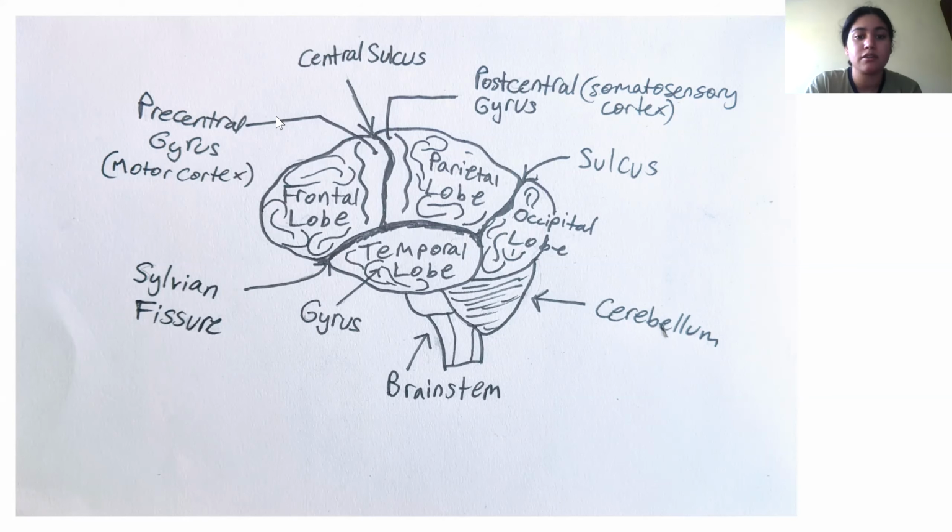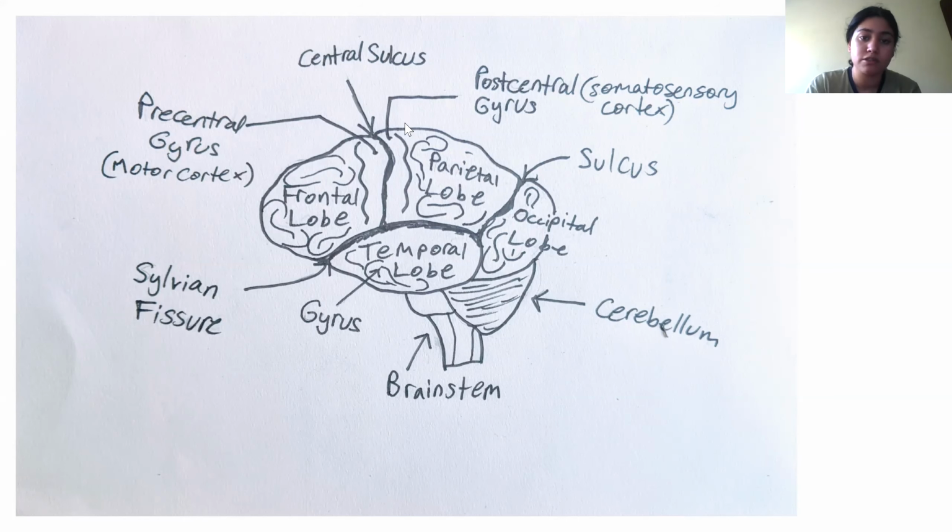Now between the frontal and the parietal lobes, you'll have the central sulcus, and on either side of these you'll find a gyrus, and these are really important. The precentral gyrus has the motor cortex, and the motor cortex contains a map of the human body, meaning the tongue, fingers, etc. have their own designated spot that directly corresponds to movement in that body part.